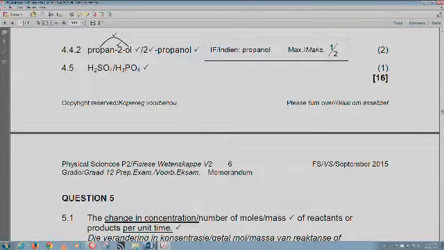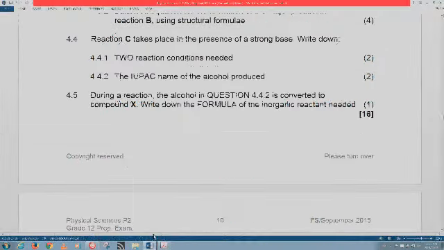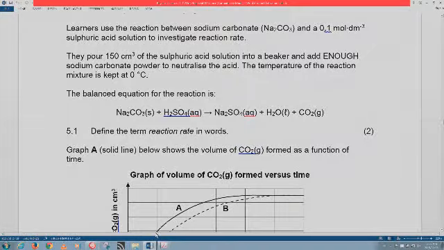And then for question 5, learners use the reaction between sodium carbonate and a 0.1 mol per cubic decimeter sulfuric acid solution to investigate the reaction rate. They pour 150 cubic centimeters of the sulfuric acid solution into a beaker and add enough sodium carbonate powder to neutralize the acid.